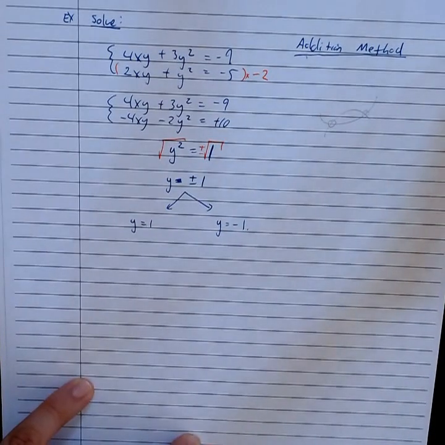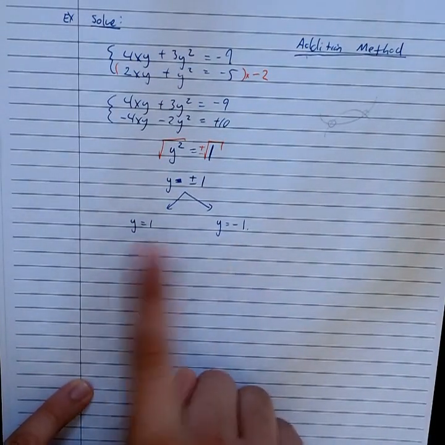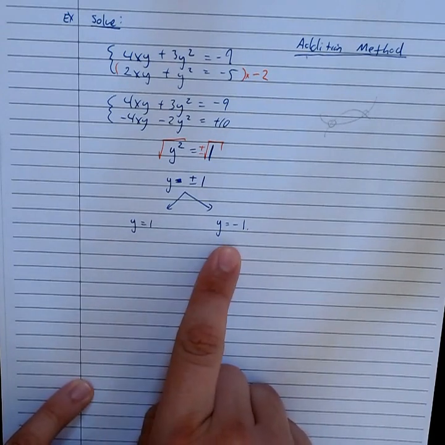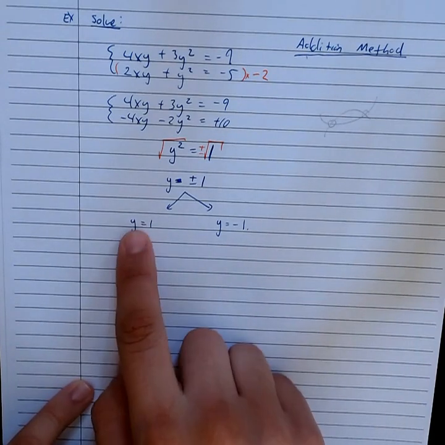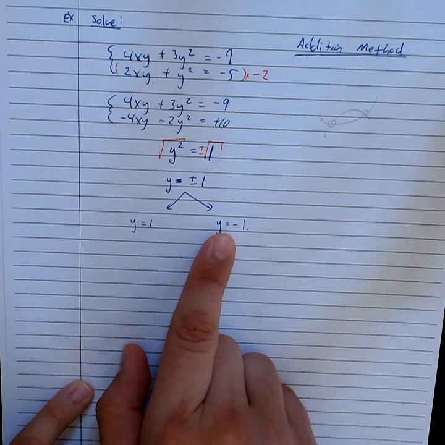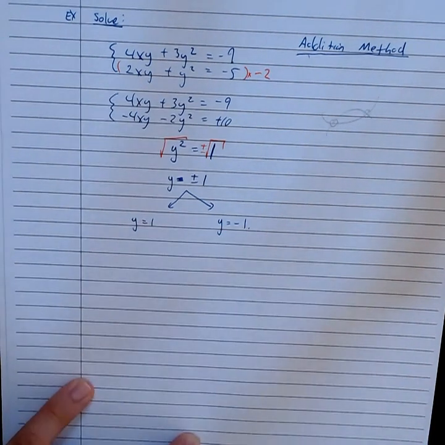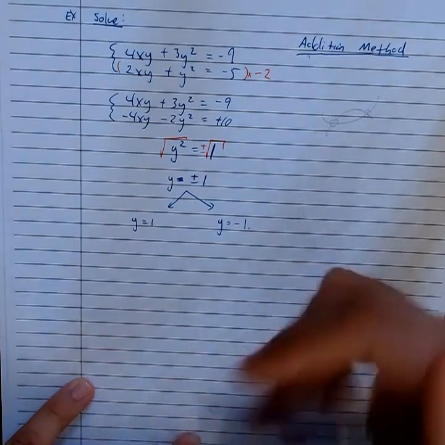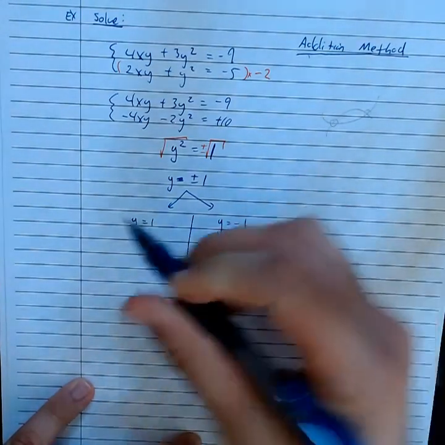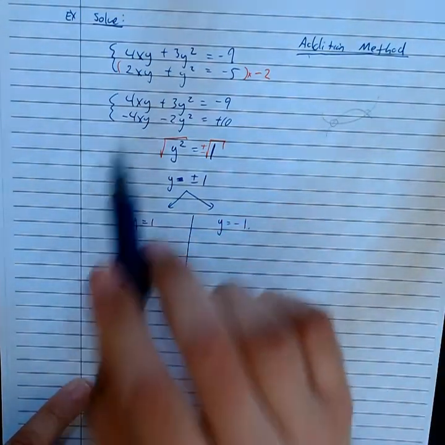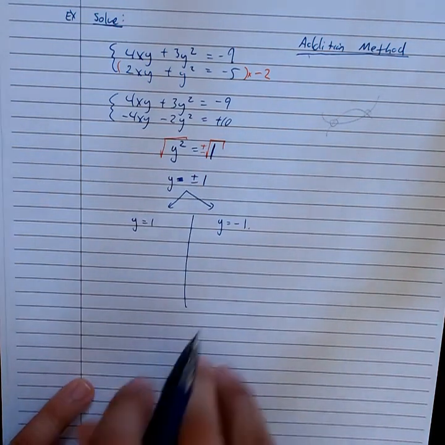So now, if we take these, well, each one of these will provide a solution. So that means each one of these can be used to find the x value for that particular point. So now, just like with any other addition method problem, we're going to go ahead and take the value that we found, and we're simply going to plug it into one of the equations that we're working with.